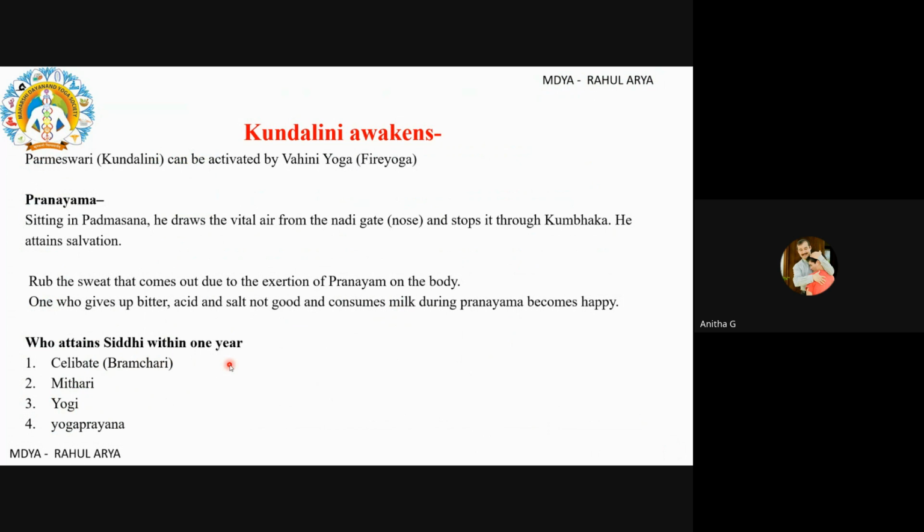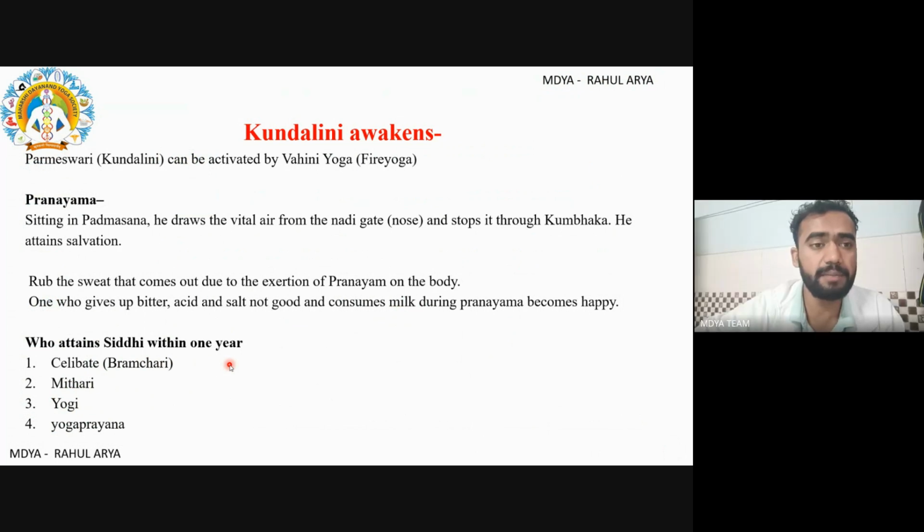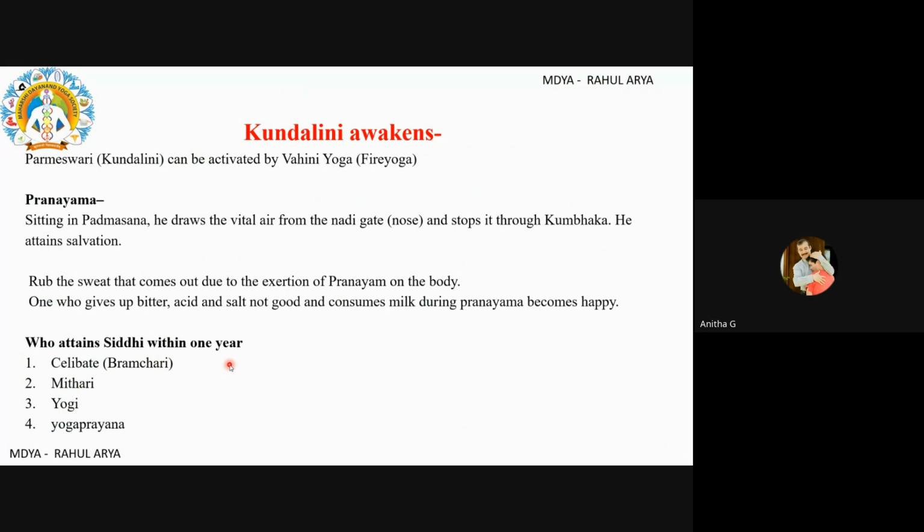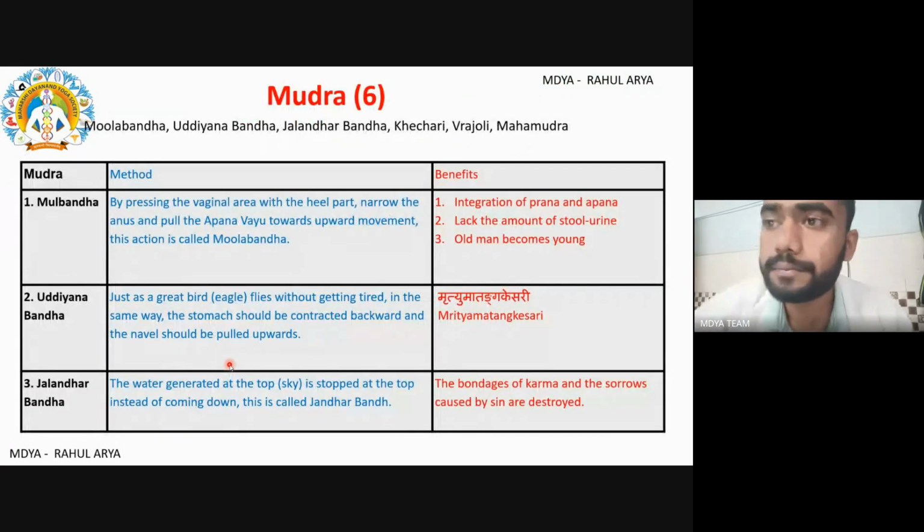Milk we can consume. Then we will attain the siddhis in 1 year: brahmachari, mitahari, yogi, yoga parayana. Okay, thank you.